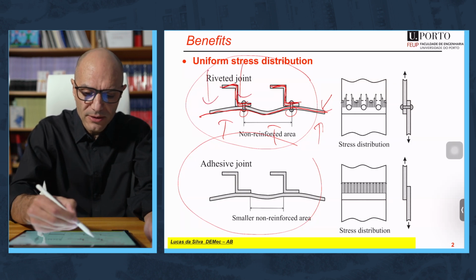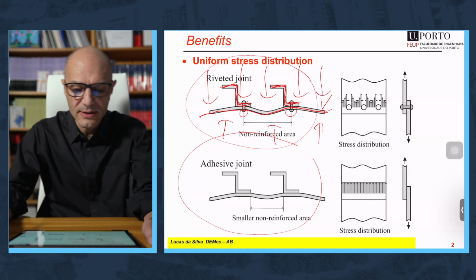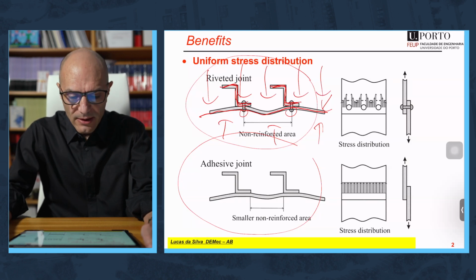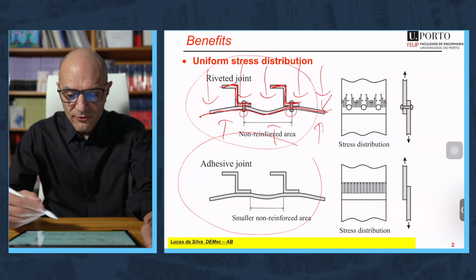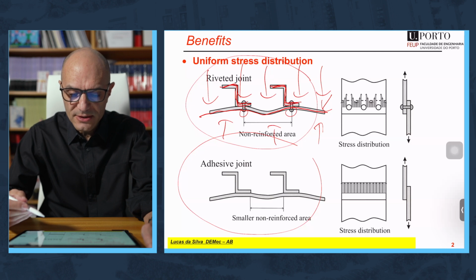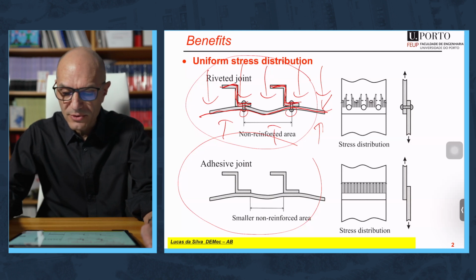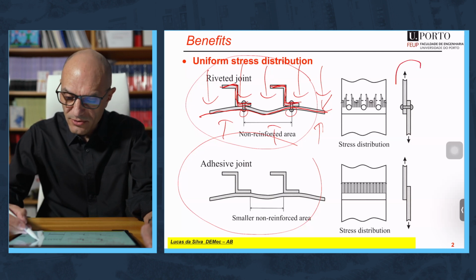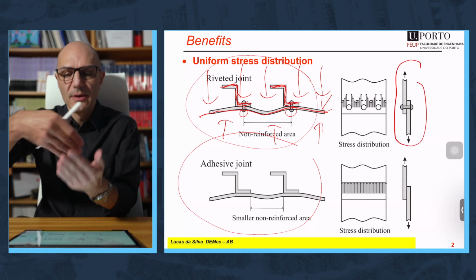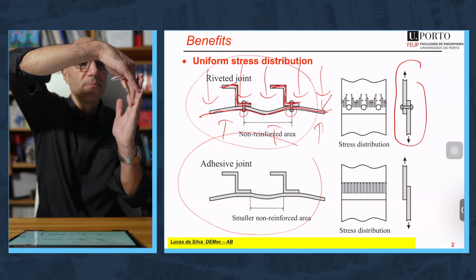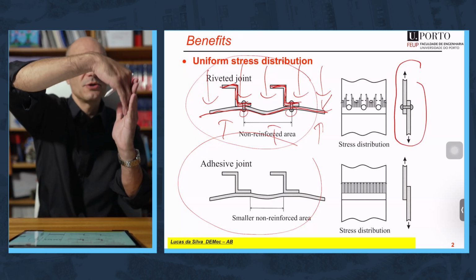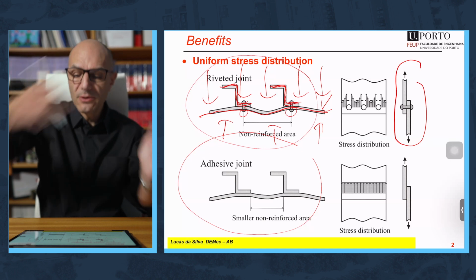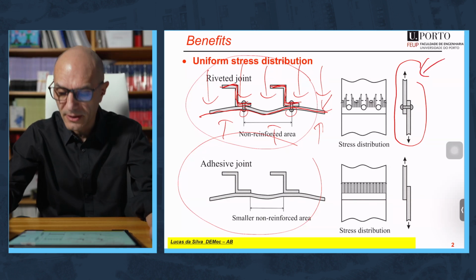Well, you have the internal pressure, okay, that is being applied when you fly. And if you look at the stress distribution corresponding to this loading, which is represented here, with the internal pressure pushing, the joint is going to be tensile loaded, which is what is shown here.